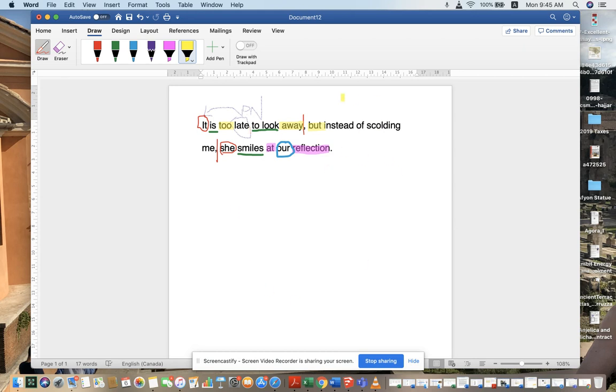Now we're going to deal with this last part, which could be confusing for many of you, so just breathe. "Instead of," right off the bat, is a preposition. Whatever follows is going to be the object of the preposition, and we have something called "scolding." I'm going to underline it in green because what you're looking at is a noun, but it's formed from a verb.